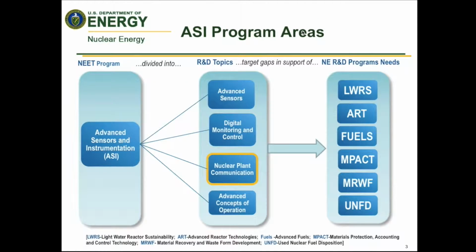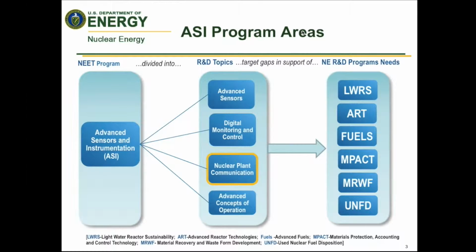The research under the ASI program is divided in 4 areas. We have the advanced sensors to develop a fundamental understanding of sensors performance and to improve physical measurement accuracy and reduce uncertainty. The second area is digital monitoring and control to provide increases in control systems performance and self-calibration capabilities.